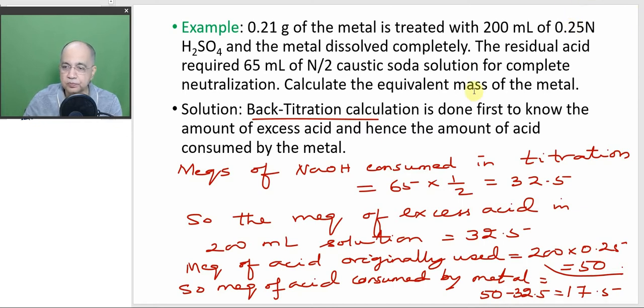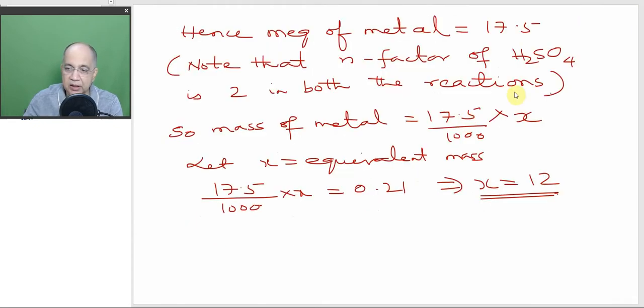So you see here 17.5 is the number of milliequivalents of the metal, and let's say the equivalent mass of the metal is X. So 17.5 milli, divided by 1000, into the equivalent mass, that is equal to the amount of the metal given, 0.21.